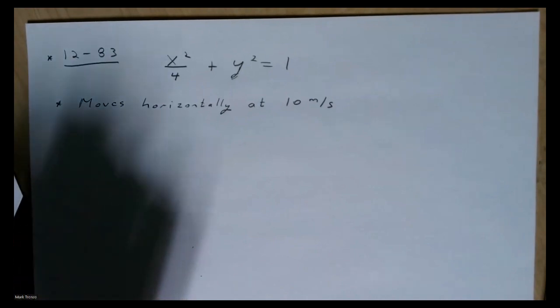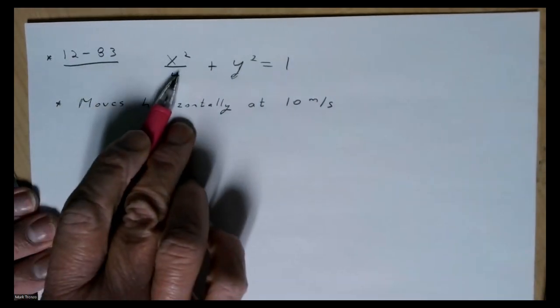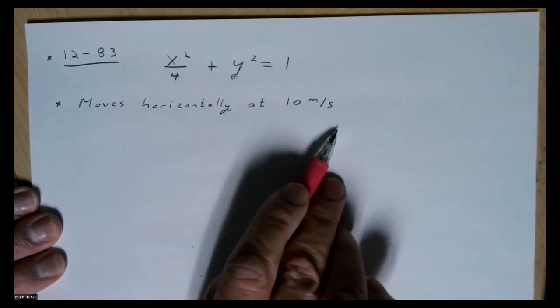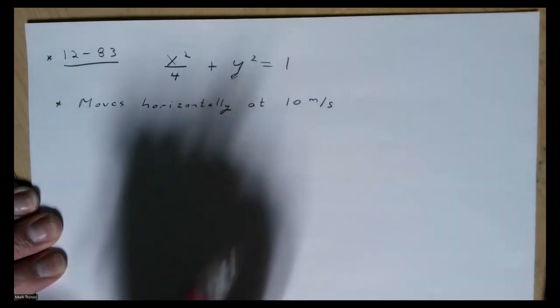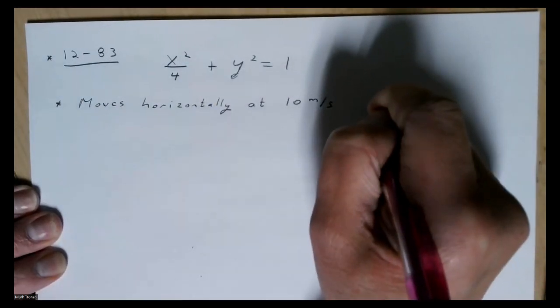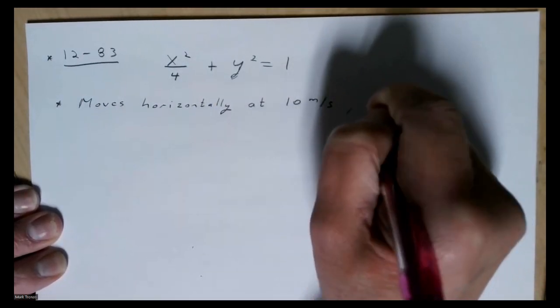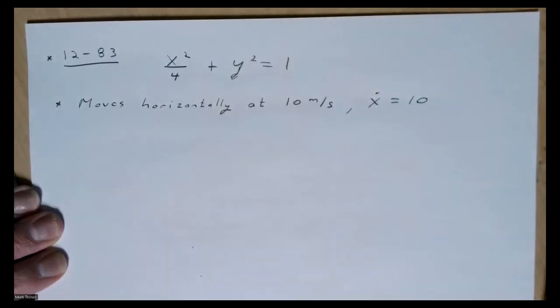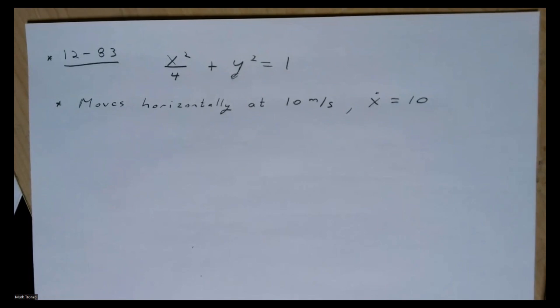Of course, what does that mean? That means the x component is changing at 10 meters per second, and it's going to the right, so it'd be a positive position. So we know that x dot is going to be 10. So we have something that we can start with.